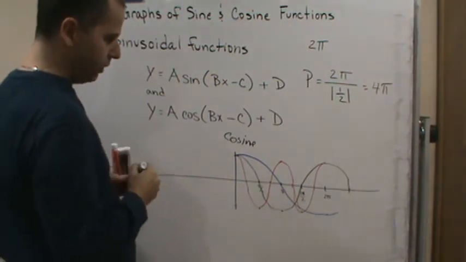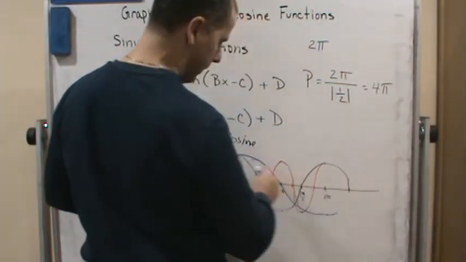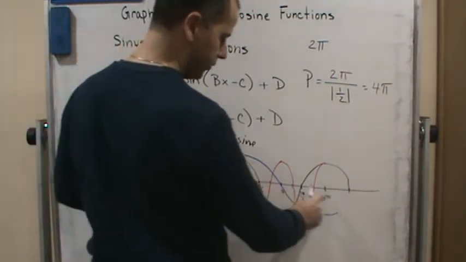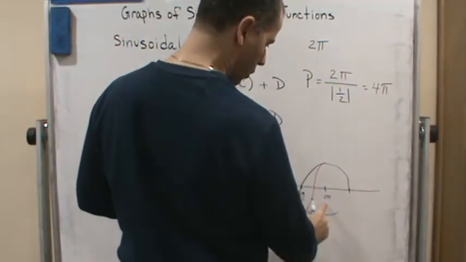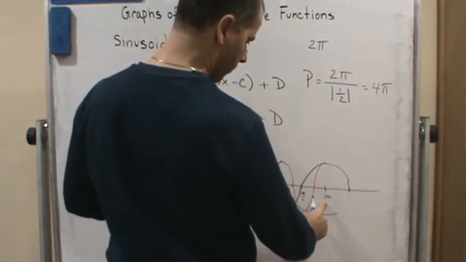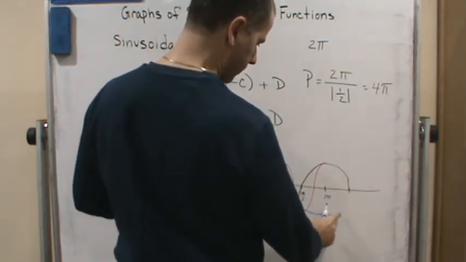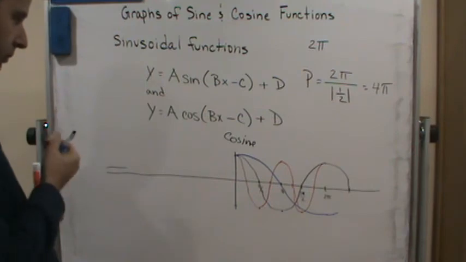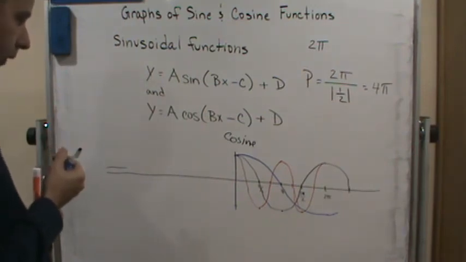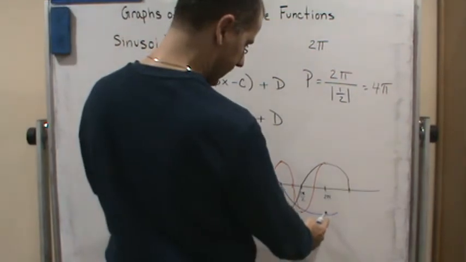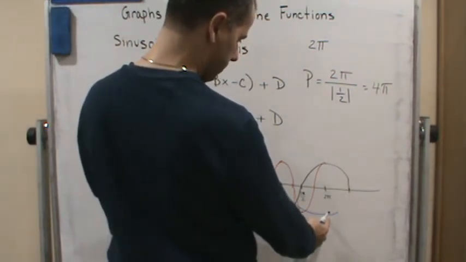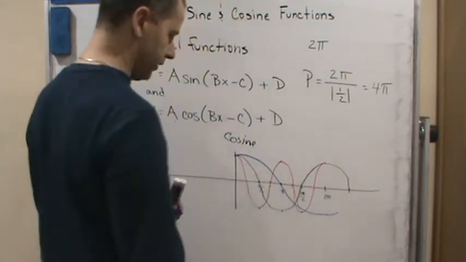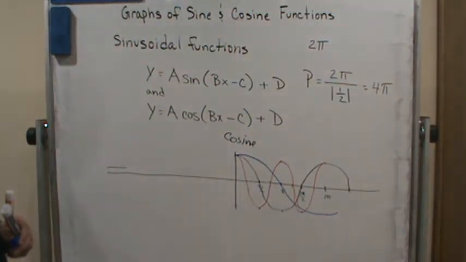It's going to go all the way to 4 pi before it gets back to 1. Only half of it is done at 2 pi, and then the other half will finish up at 4 pi.